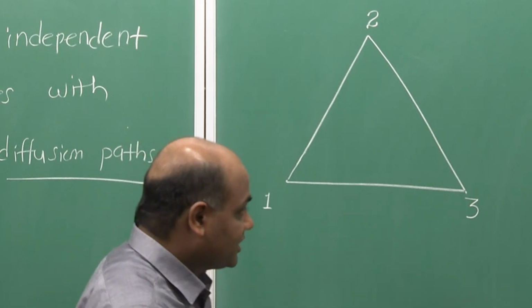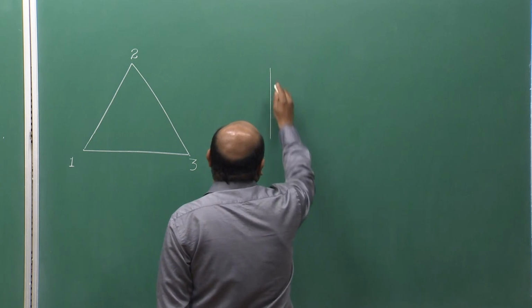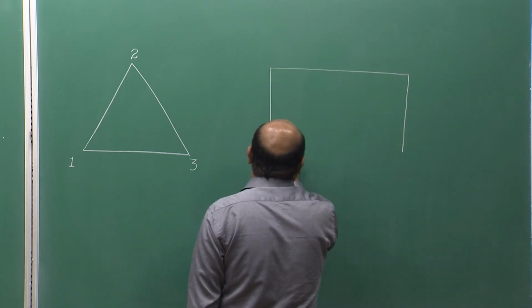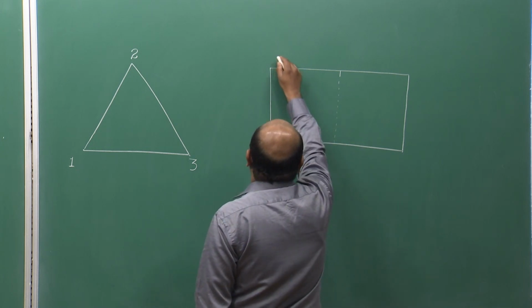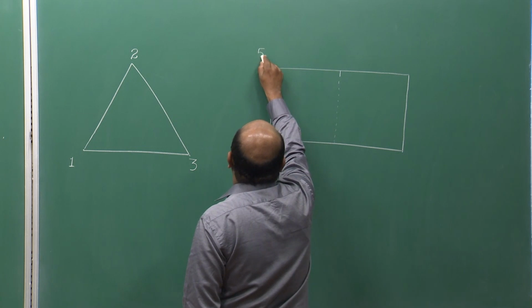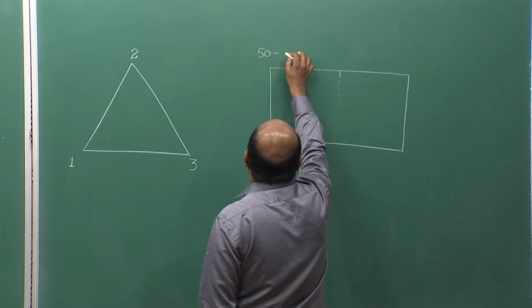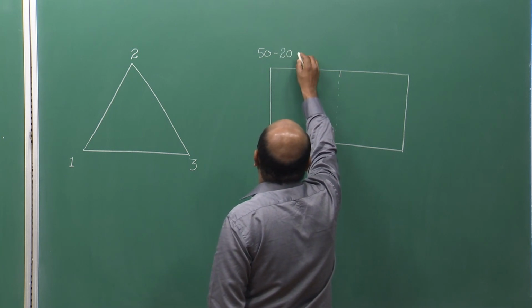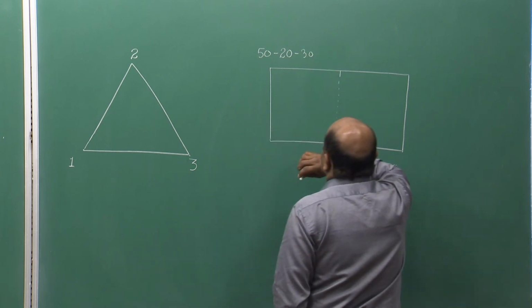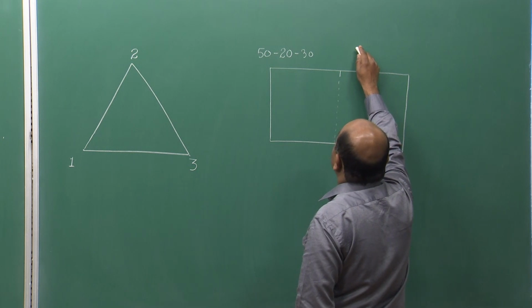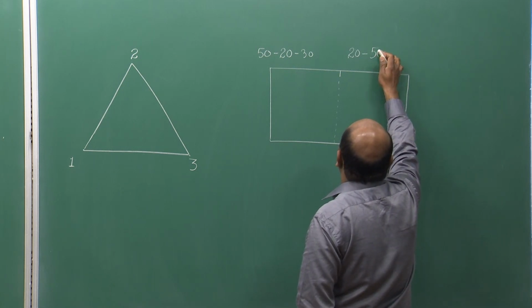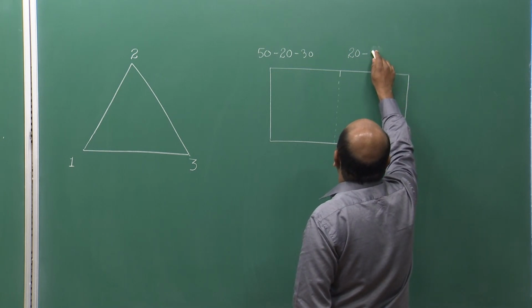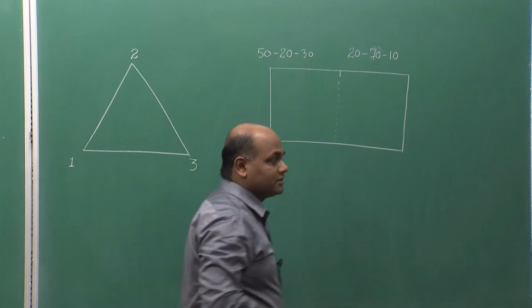Now, if we consider any, let us say, ternary diffusion couple, with alloy 1 of, let us say, 20% of 1, 50% of 2 and 30% of 3, and alloy 2 of 70% of 2 and 10% of 3.